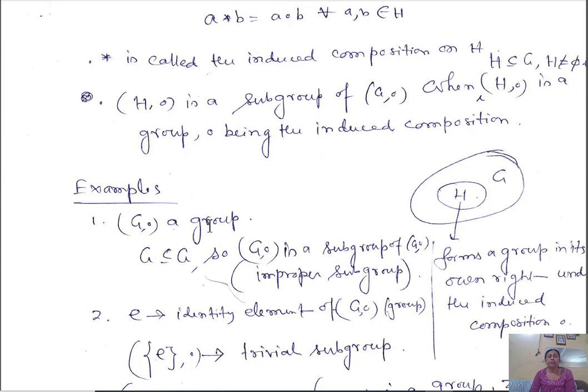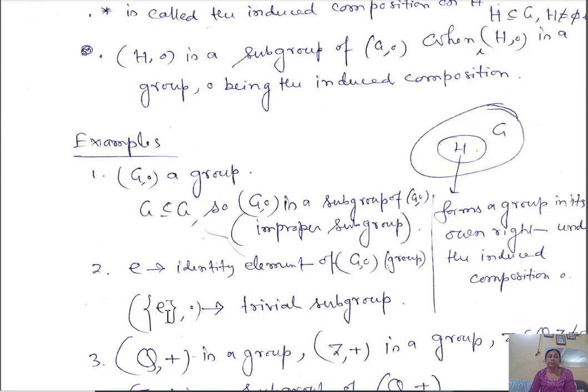The first example: suppose this is a group. Now G can be treated as a subset of G itself, so (G, ∘) is a subgroup of (G, ∘) itself. This is an improper subgroup.